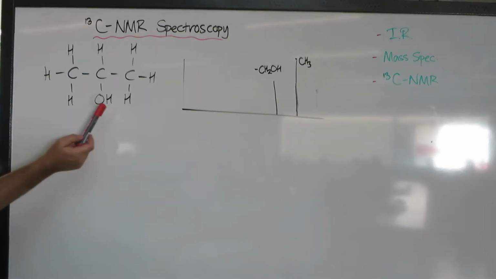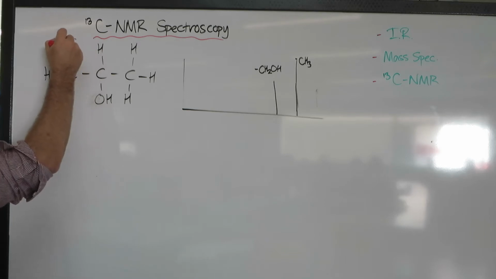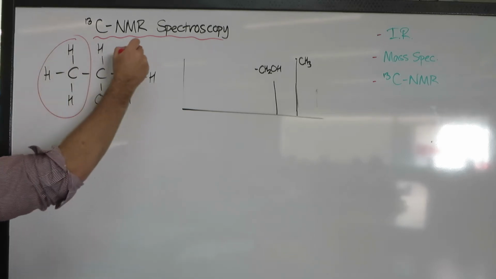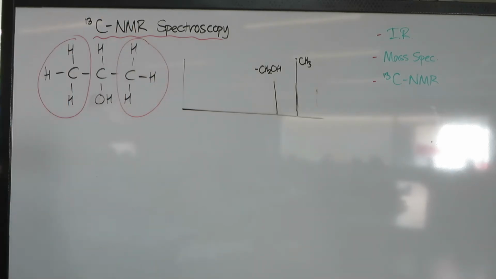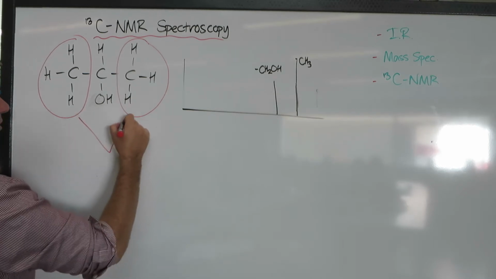It's an alcohol that's got 3 carbons. But if we look at this and this, they are simply mirror images of each other. They're what we call the same carbon environment.